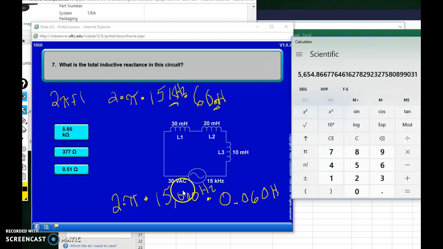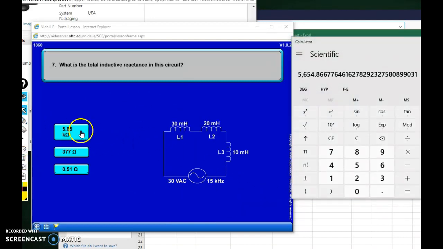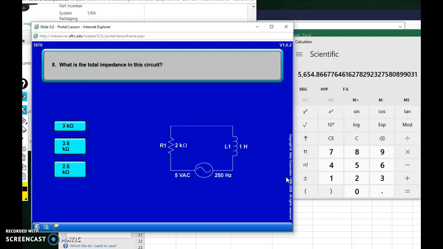Our formula is set up for base units, but if we're multiplying by 1,000, which is what 10 to the positive third is, and we're dividing by 1,000 to get millis, then they're going to cancel each other out. So anytime you have kilohertz and millihenries, you can use those values, or you can just convert to the base and get a number. So this is our right answer, and again, we're going to click on it, and we're going to work our way back.